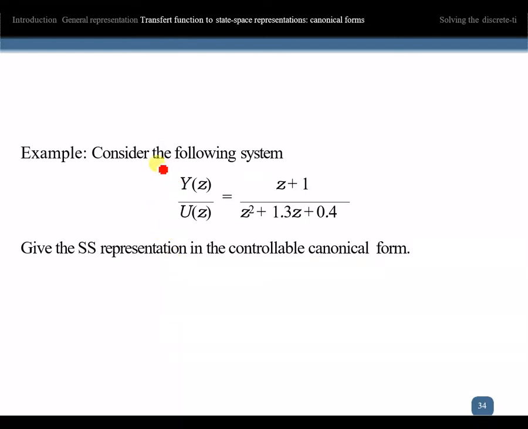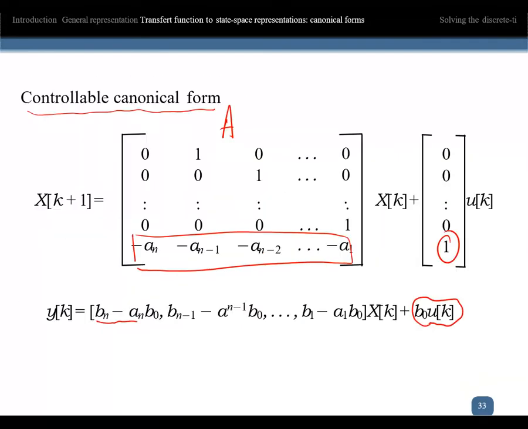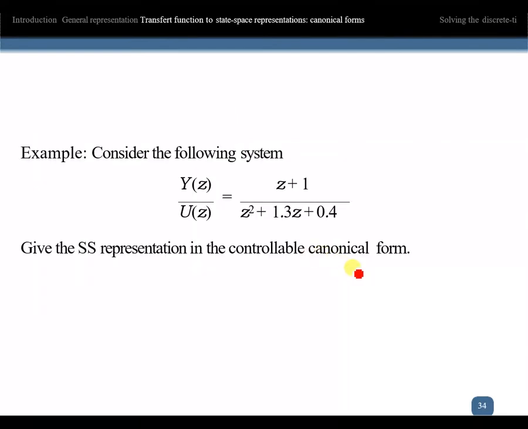Example, consider the following system here. Give the state represented in the control canonical form. If you remember the standard canonical form, b0, etc., you can understand that this one is b0, and this one becomes, for example, b1. Here z2 becomes a, I put a1 or a2.